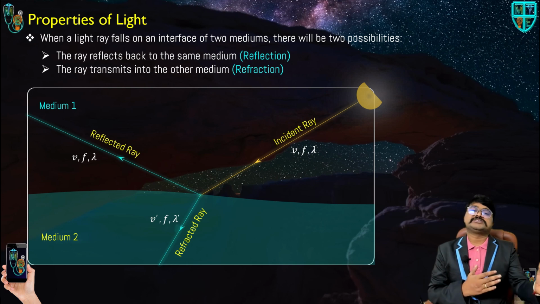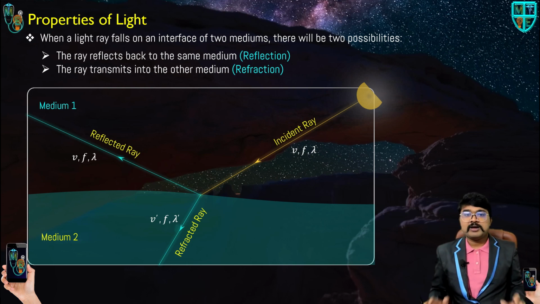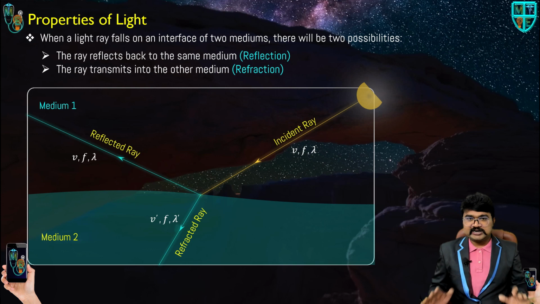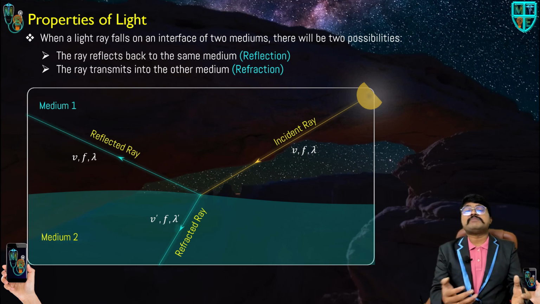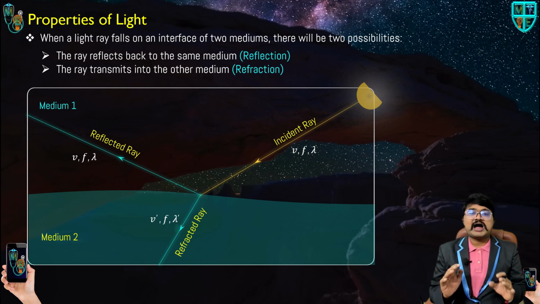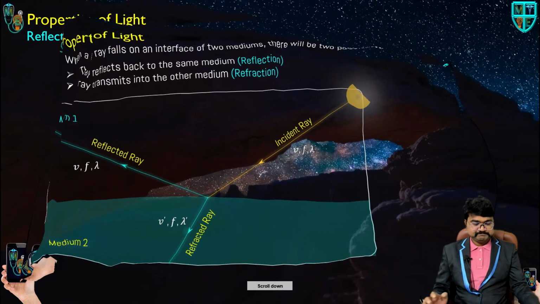It is the same as the incident ray. But in case of the refracted ray, the velocity and wavelength both change. Both are not the same as the velocity and wavelength of the incident ray. You can clearly see this here.